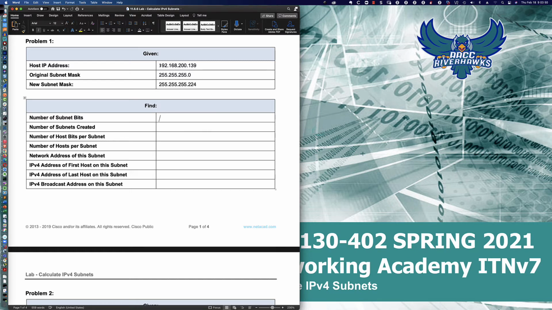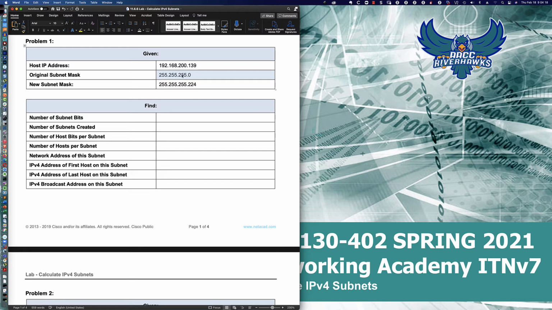Let's go ahead and take a look at the first of the problems here. Here's the information that we're given. The host IP is 192.168.200.139. We have the original subnet mask. What they mean by original subnet mask is the classful mask for a 192 address.